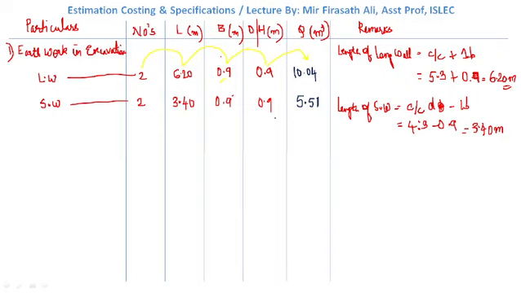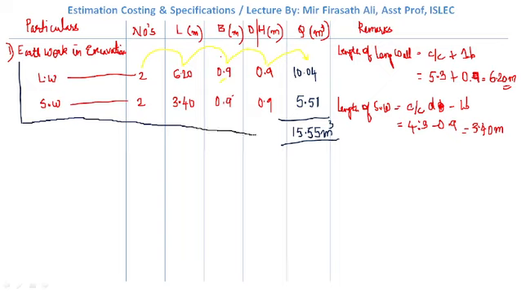If we add these two, what happens? 10.04 plus 5.51, the quantity of the earthwork which we need to take in the excavation becomes 15.55. 15.55 is nothing but the quantity of earthwork in excavation.